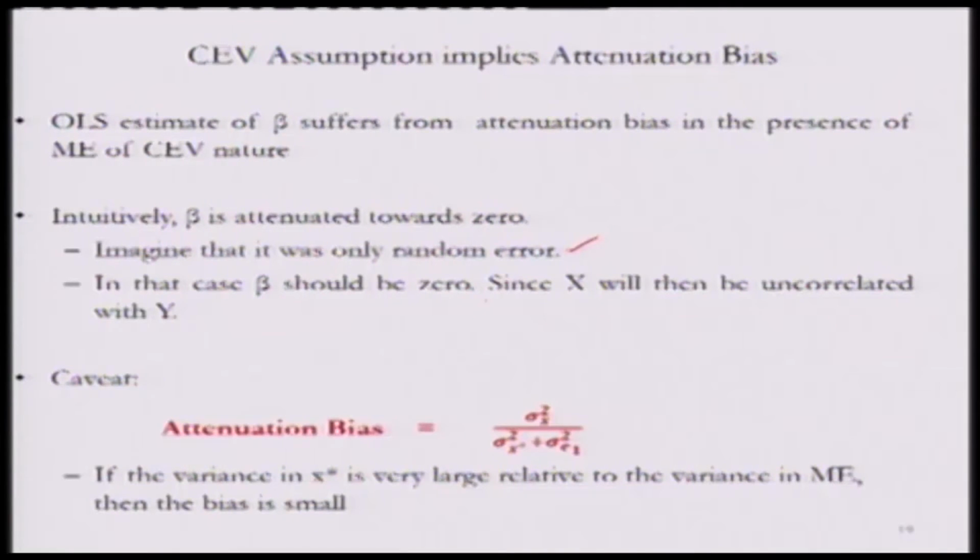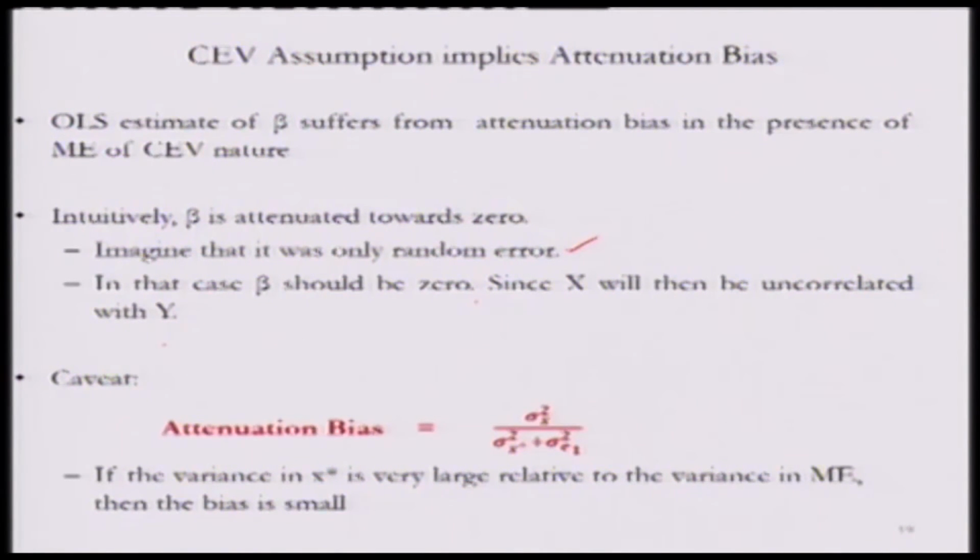So, in that case, if x was completely reported with random error, then the coefficient estimate of beta must be equal to 0, because we do not expect a correlation between this x, which is completely measurement error, and the y variable. So beta should be equal to 0, since x will then be uncorrelated with y.